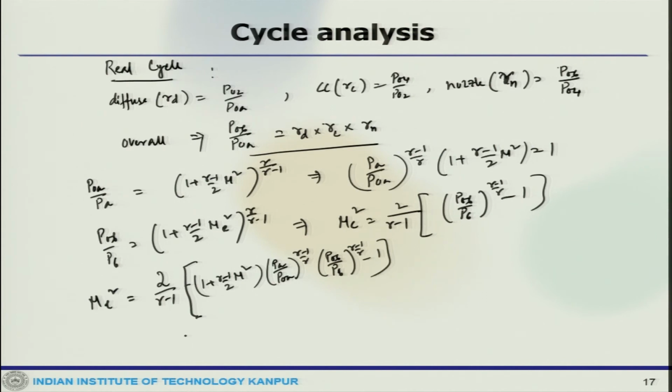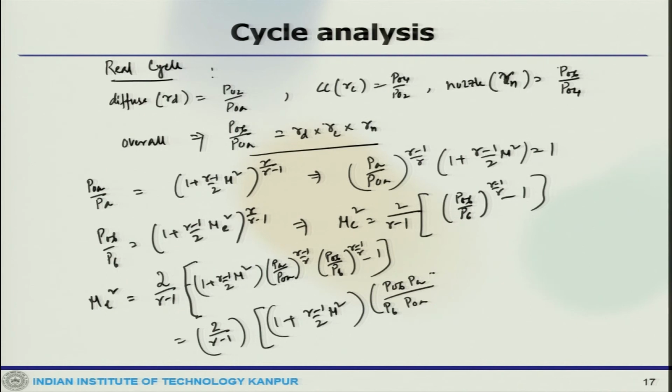minus 1, which is 2 by gamma minus 1 into 1 plus gamma minus 1 by 2 M square, P naught 6 P a by P 6 P naught a, to the power gamma minus 1 by gamma, minus 1.